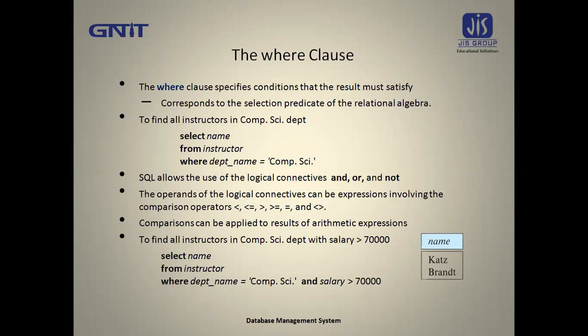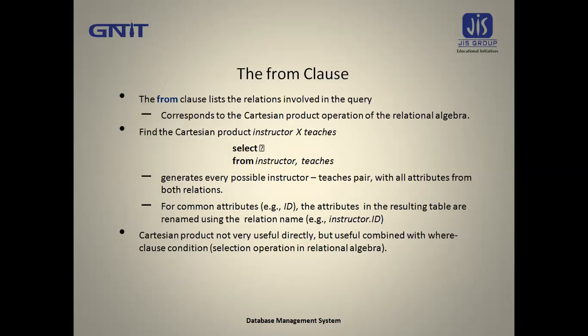So we are putting two selection predicates. First, all the names which belong to department name computer science will be fetched. Then over them, the next predicate, salary greater than 70,000, will be fired, and we will only get those names whose salary is more than 70,000 and whose department is computer science. I hope it's clear.